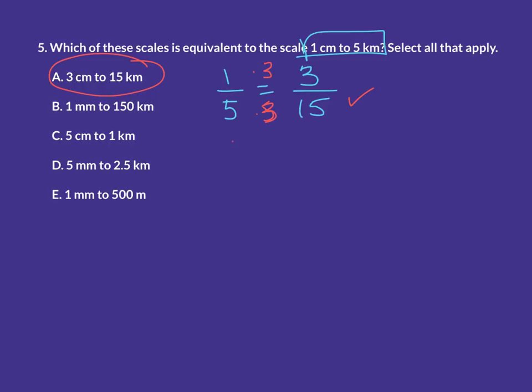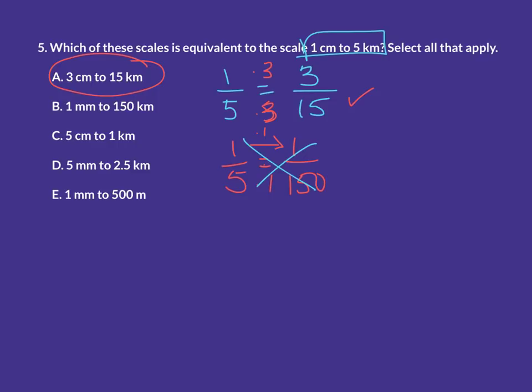I start again with 1 over 5 equal to 1 over 150. Well, 1 times 1 is 1, and 5 times 1 is not 150, so that one does not work.